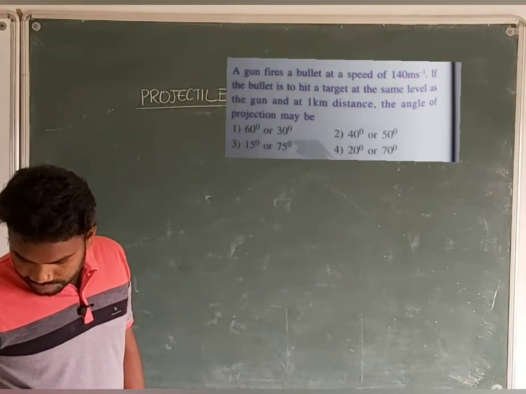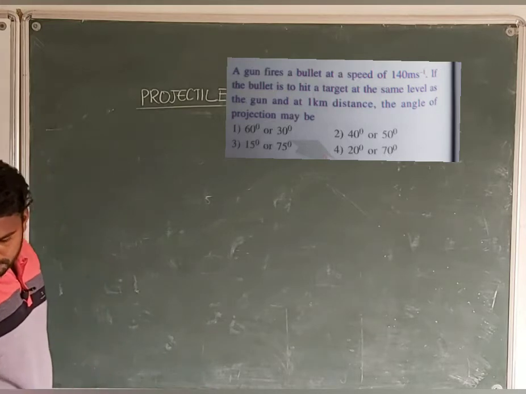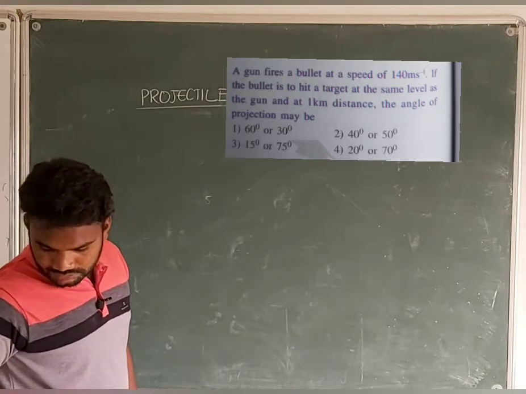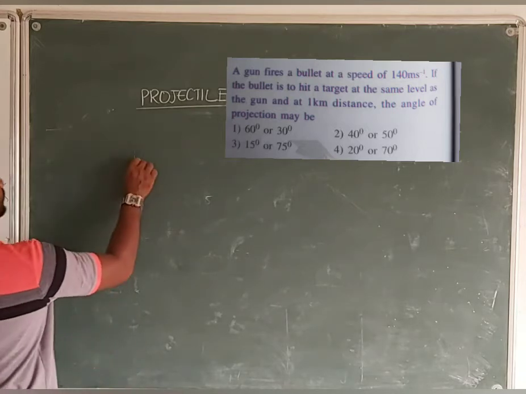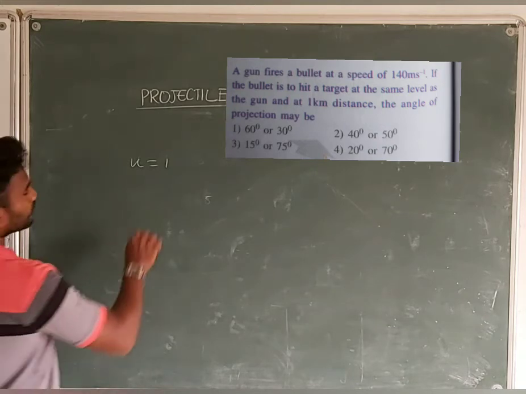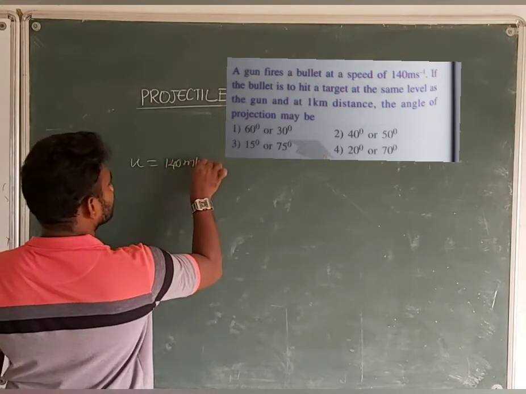Yes, write down. A gun is fired with a bullet at the speed of 140 meter per second. So first you should know u is equal to 140 meter per second, students.